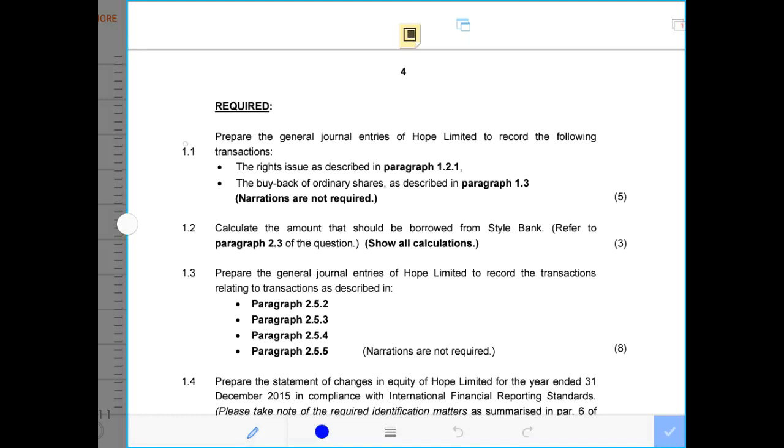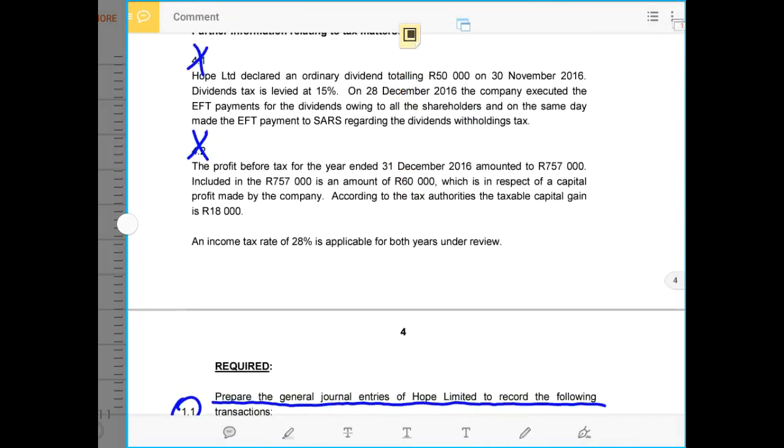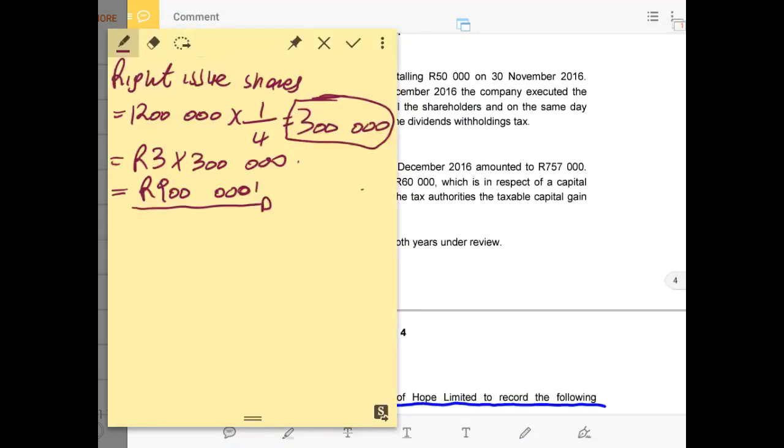We are required under 1.1 to prepare general journal entries of Hope Limited to record the following transactions. The rights issue as described in paragraph 1.2.1. There was a rights issue, and the rights issue amounted to 900,000 rands, remember, where we issued 300,000 shares to existing shareholders at an issue price of 3 rand, and we multiplied those shares by 3.